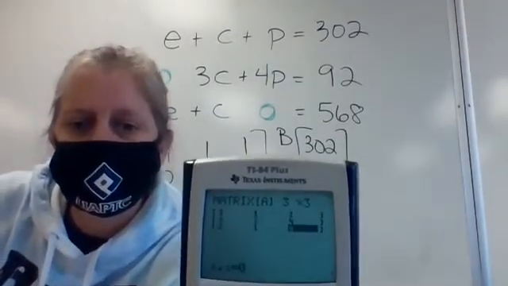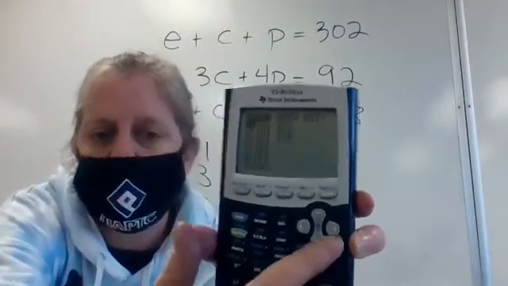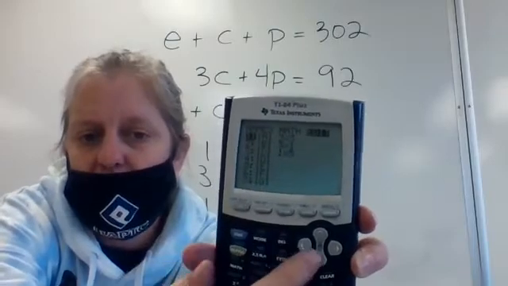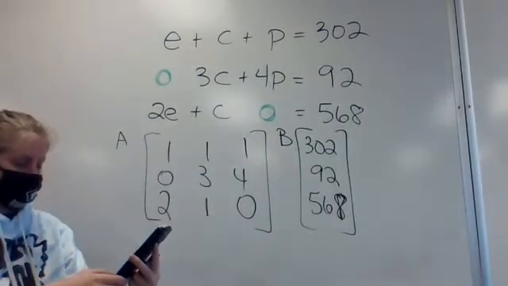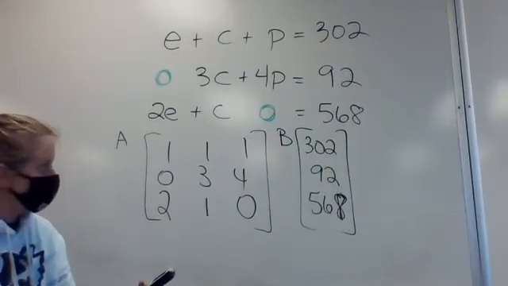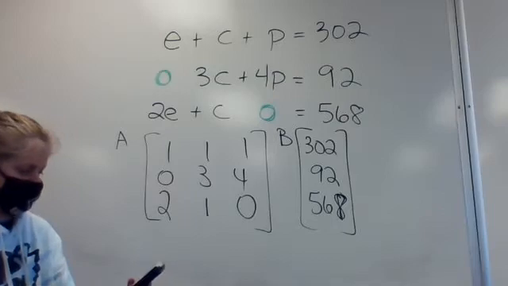There's matrix A. So now I need to do matrix B. So second matrix, back over to edit and go down to B. It is 3 by 1. And enter your numbers. 302, 92, and 568.